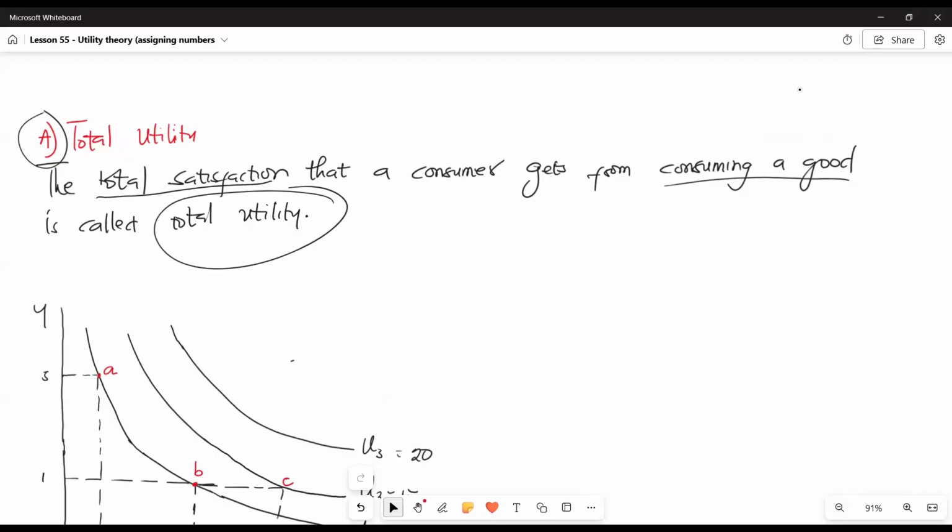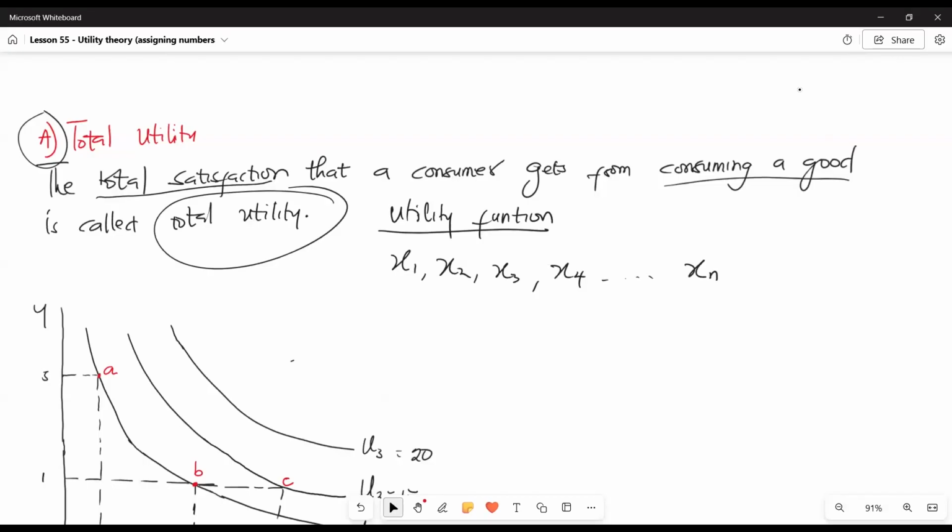So the numerical score associated with each commodity bundle is called the total utility. And the formula showing the total utility associated with each bundle is called the utility function. Let's assume a consumer called Ava who consumes good X1 and X2 and X3 and X4 all the way to Xn.